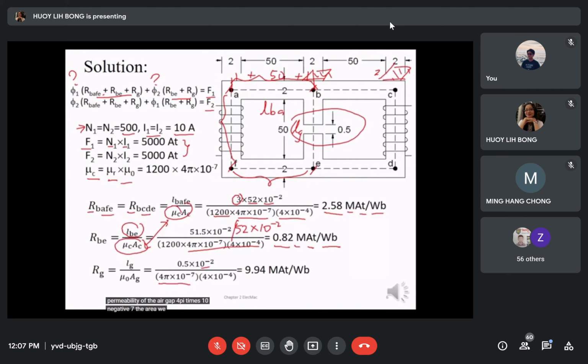The area, we assume, is the same as the area of the core, which is also 2 times 2 centimeter square. We will get 9.94 mega ampere turns per Weber.